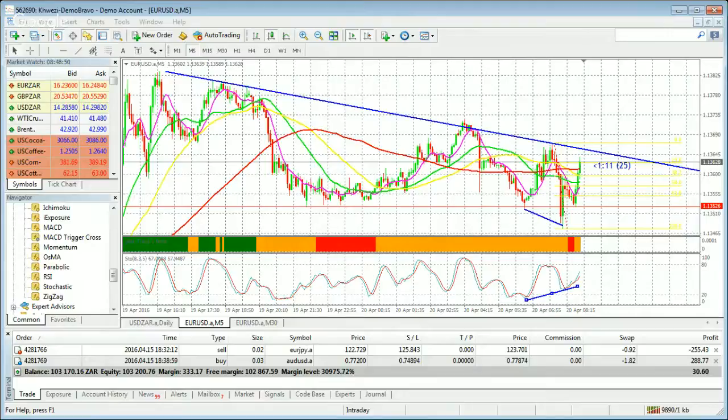Okay, much bigger push up at this point in time now. Starts to look a lot more interesting now. Let's have a look at what is going to be transpiring.